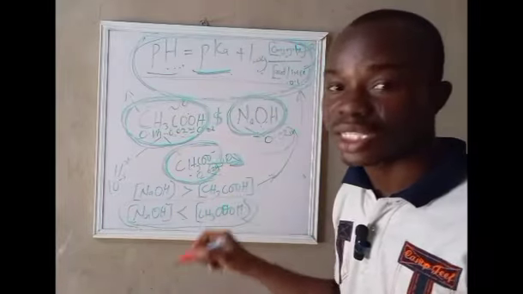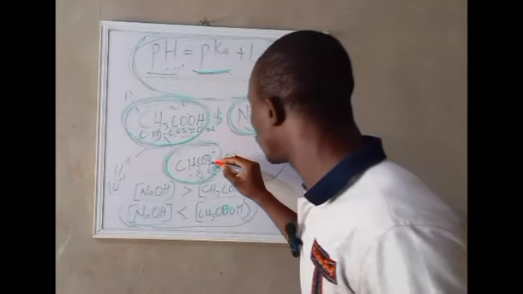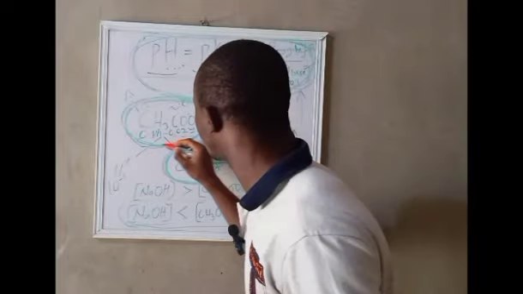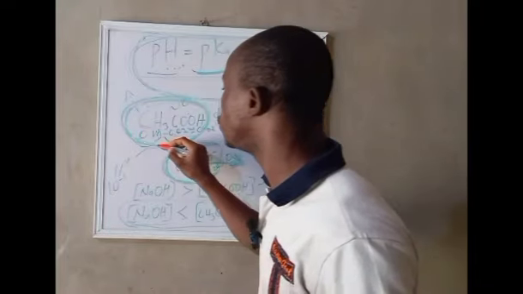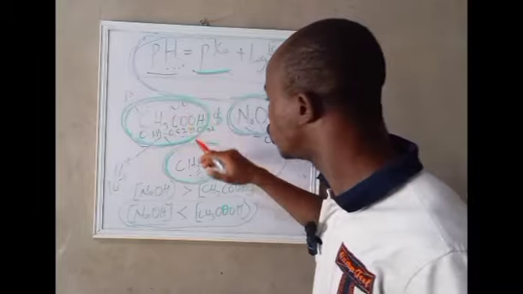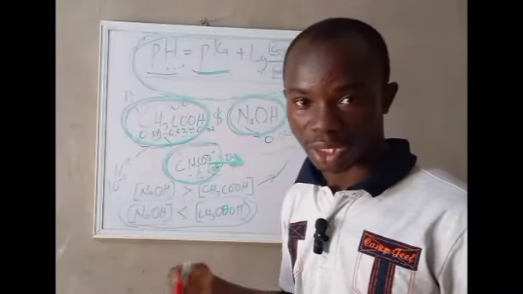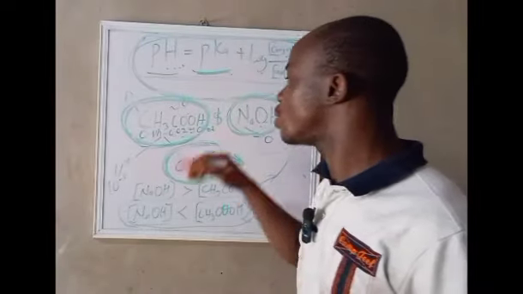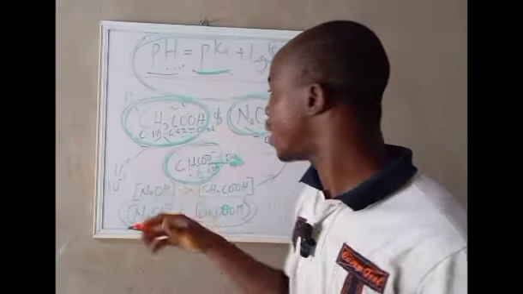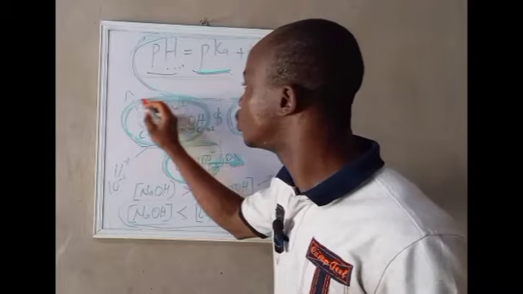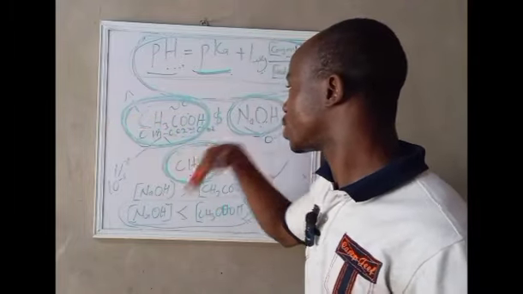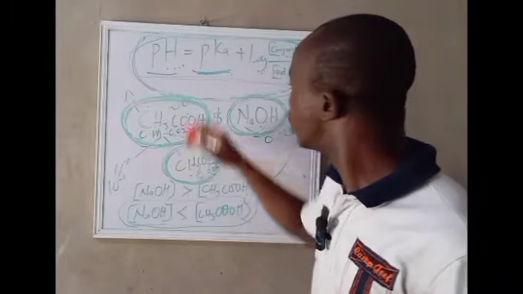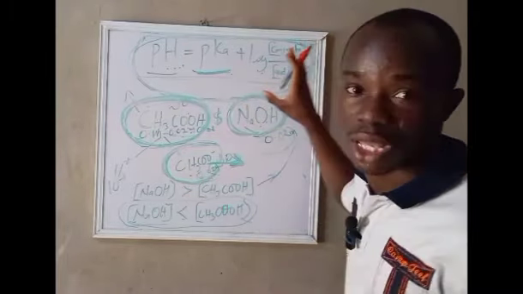At the same time, in cases whereby you know the amount of the conjugate base and the amount of the weak acid, if the amounts of these two are reasonable, you can easily use this. But anytime you have a situation whereby the amount of this one is approximately 0, or probably the amount of this is approximately 0, then this formula does not apply.